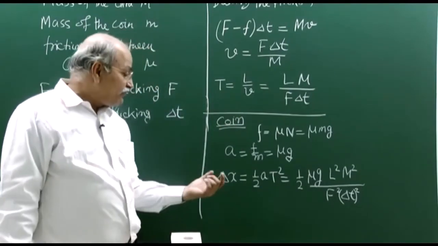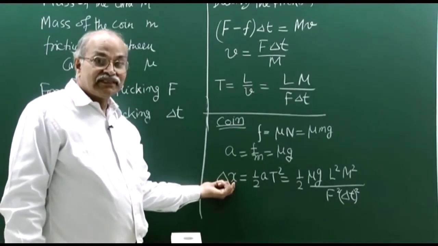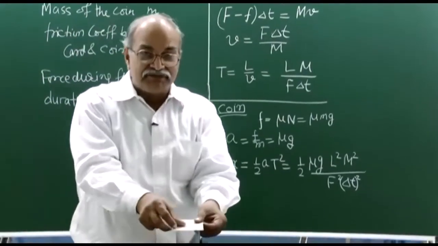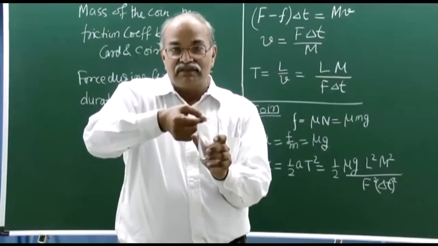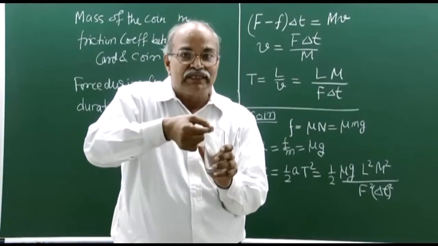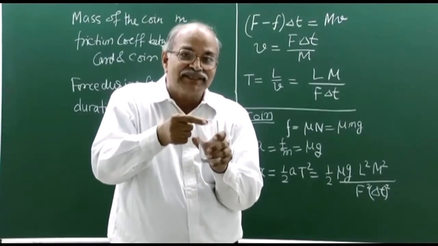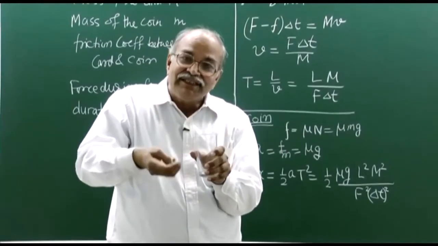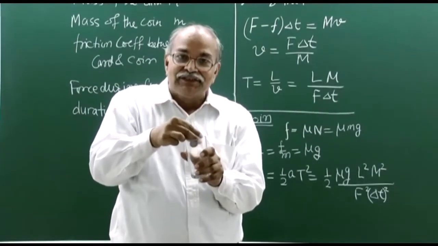But then if this delta x is smaller than the radius of this tumbler, if I assume that the coin was right at the center and then it is moving forward, so the distance moved, if it is smaller than the radius of this tumbler, then the coin will ultimately fall in this.